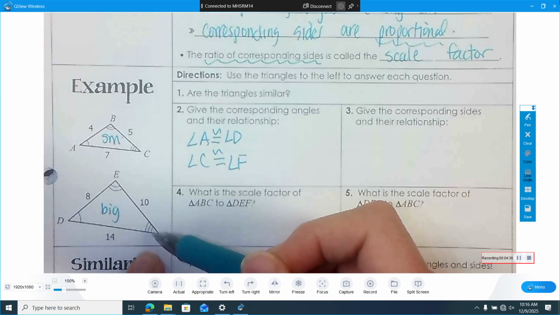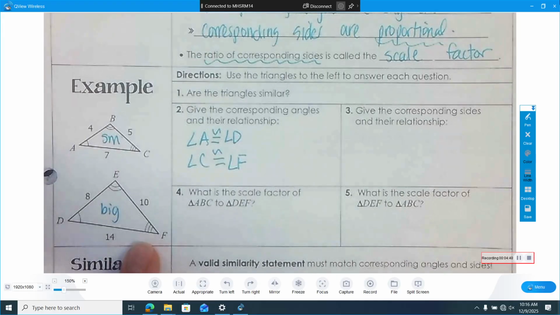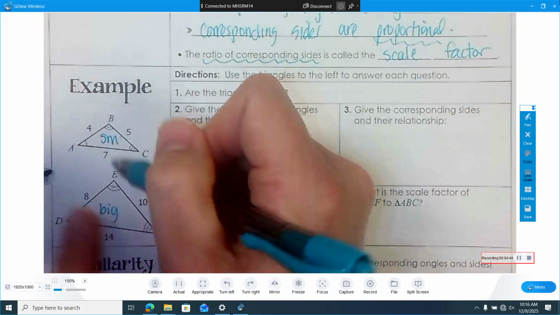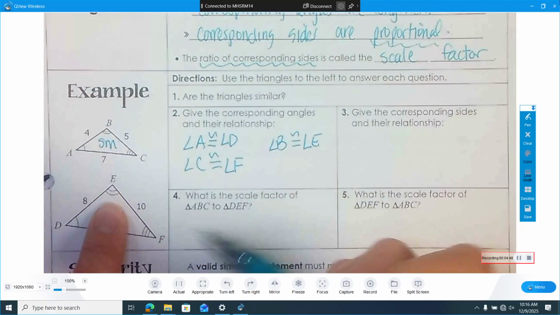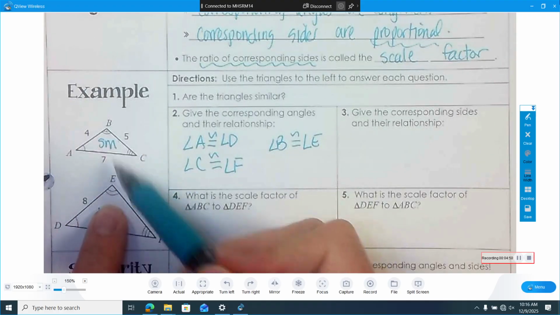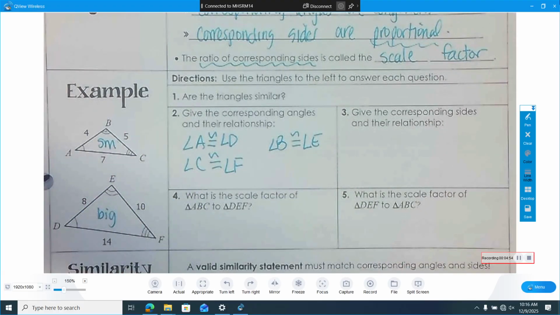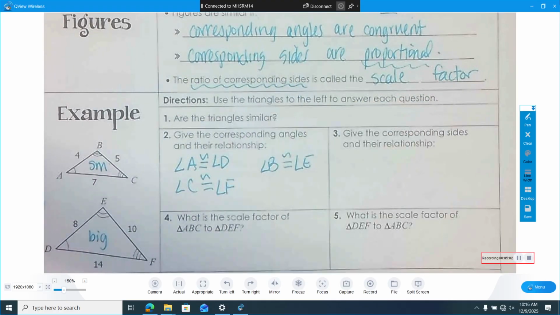Give me another pair of congruent angles. Yeah, angle B is congruent to angle E because, again, they have a double arc mark. So that is telling us that those angles happen to match. Okay, they are the same. So we do have three pairs of corresponding angles that are congruent.